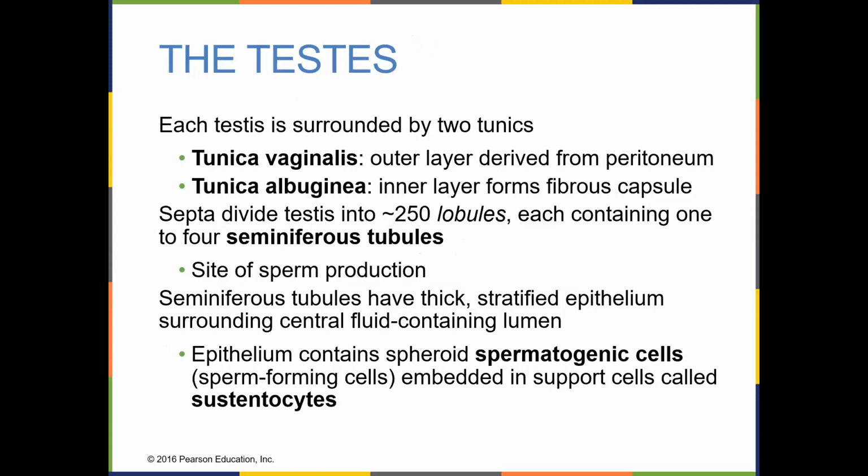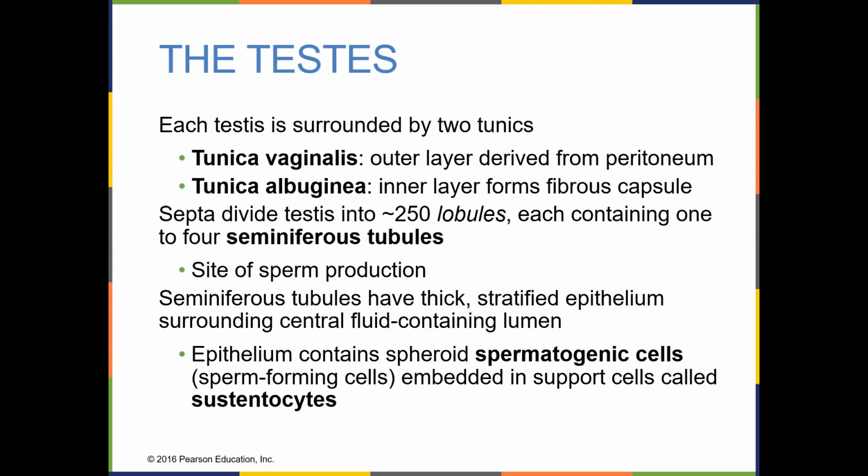So inside the testes, you have 2 layers. You have what is known as the tunica. Tunica means coat. So the tunica vaginalis and the tunica albuginea. The inner layer is the albuginea. It divides up the testes into 250 different and distinct lobules.